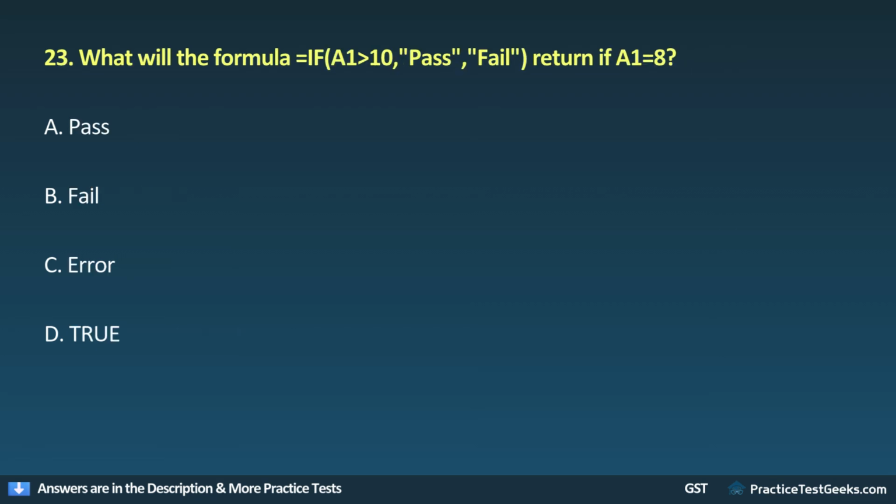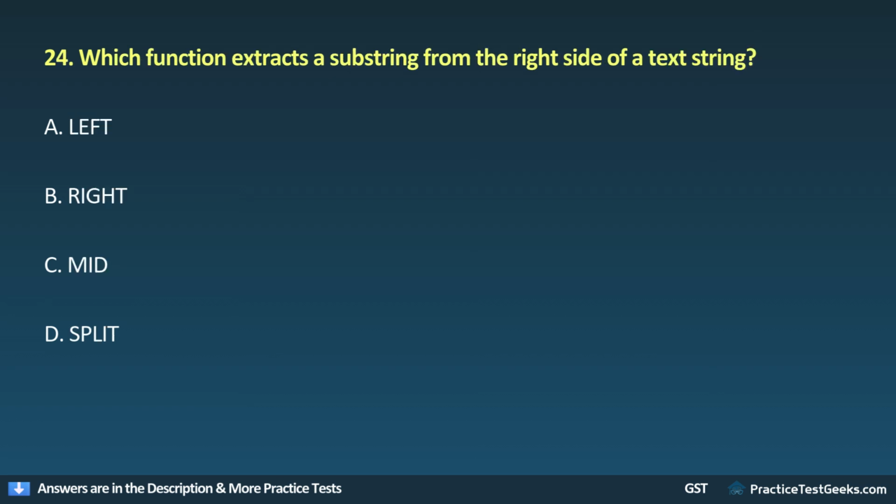23. What will the formula =IF(A1>10, "Pass", "Fail") return if A1 equals 8? A. Pass. B. Fail. C. Error. D. True. 24. Which function extracts a substring from the right side of a text string? A. Left.